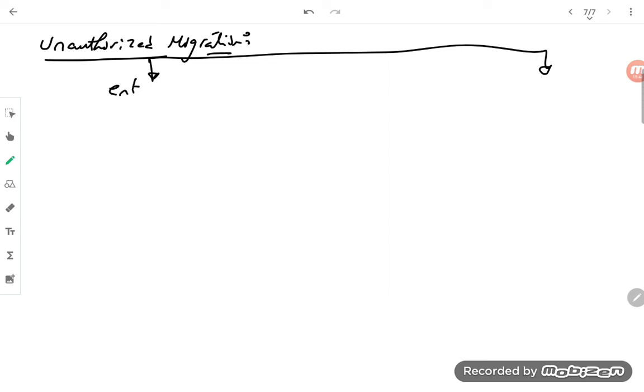And those who enter the country illegally, or undocumented, without documentation.